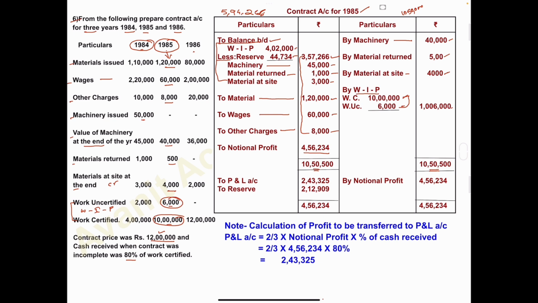This is to notional profit carried down. To notional profit carried down, 4,56,234.